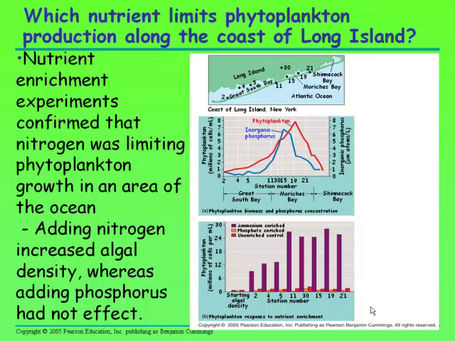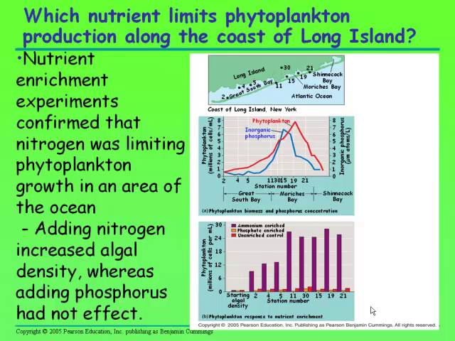Since adding phosphorus, which was already in rich supply, had no effect on growth, whereas adding nitrogen increased phytoplankton density dramatically, the researchers concluded that nitrogen is the nutrient that limits phytoplankton growth in this ecosystem. So you can see purple, ammonium-rich; yellow, phosphate-enriched; red, unenriched control.